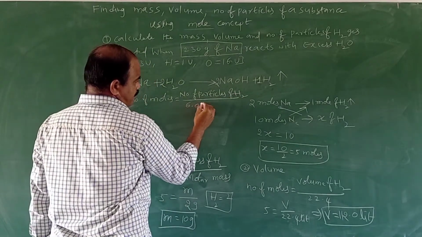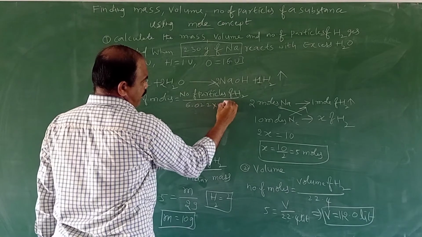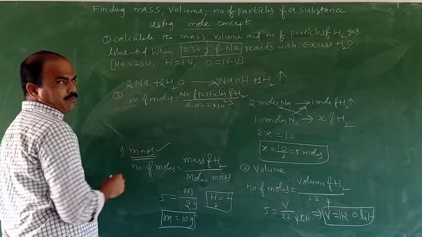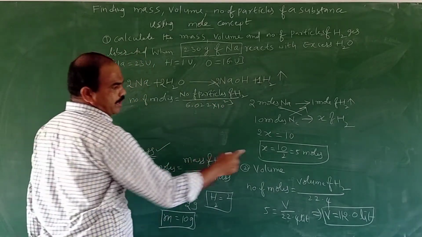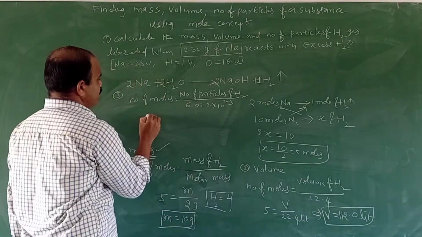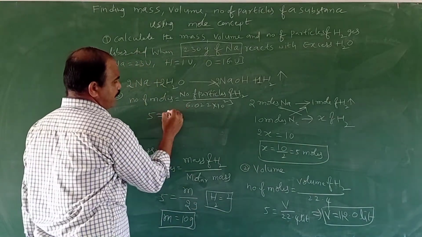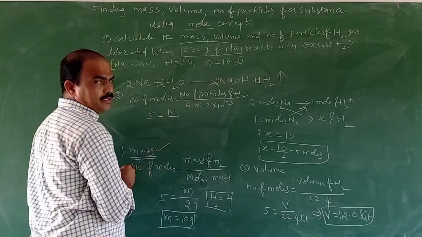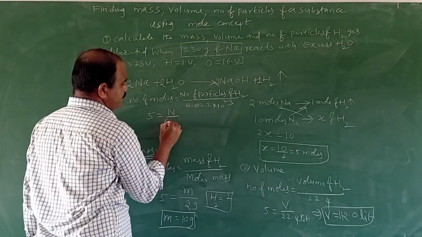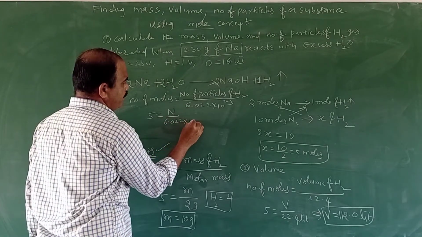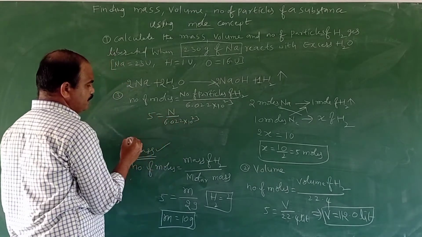What is the Avogadro number? 6.022 into 10 power 23. How many moles of hydrogen gas were liberated? 5. So 5 equals the number of particles, which we don't know, considered n, by 6.022 into 10 power 23. If you do the cross product, what do you get?